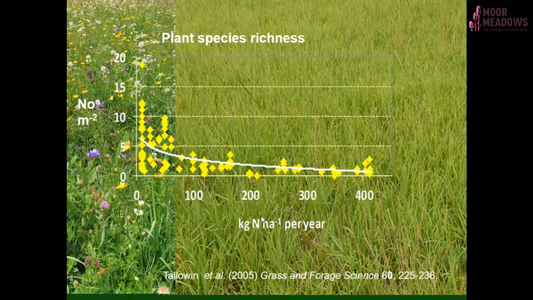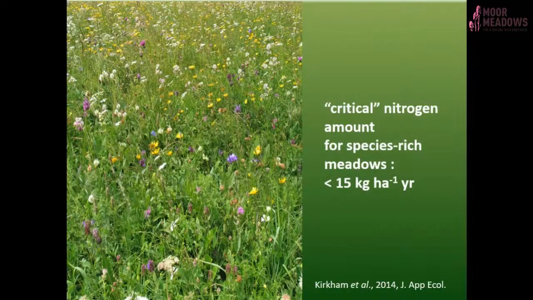And just to give you a context for that, the critical nitrogen amount for species rich meadows, such as the one in the picture here, that one that I showed you before, is less than 15 kilograms per hectare per year in total.